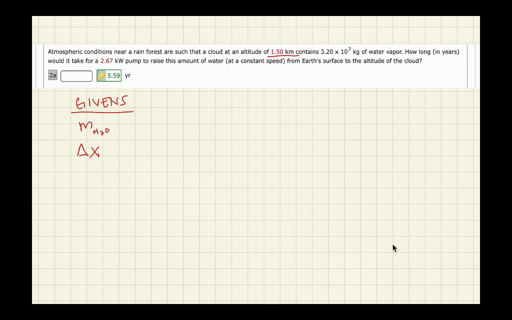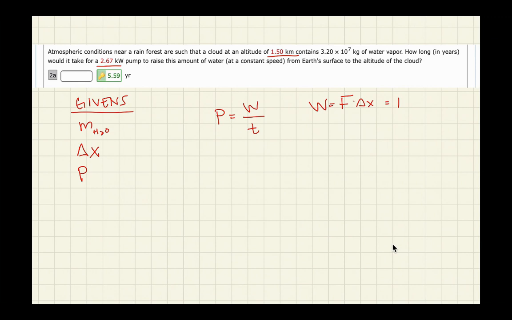And then we also know the power is given for this. Again, that's given in kilowatts, not watts. So that 2.67 kilowatts would actually be 2,670 watts. And then we're asked about time. So we would get power equals work over time. And the work here again would be equal to the force times delta x.